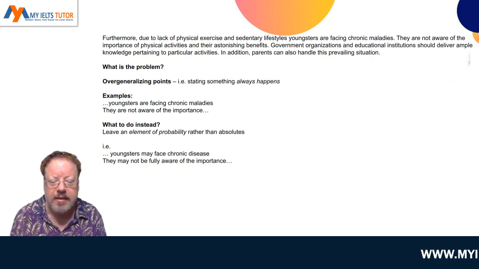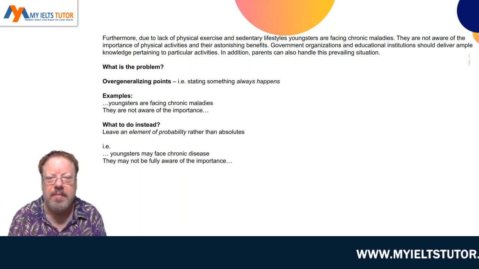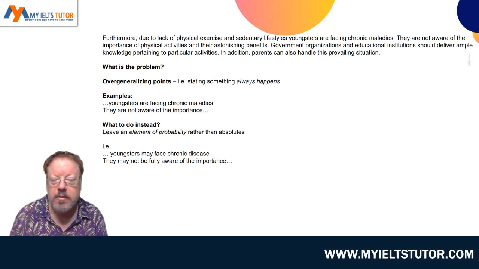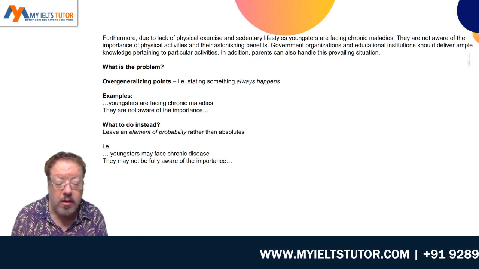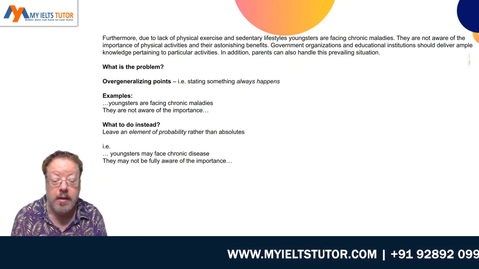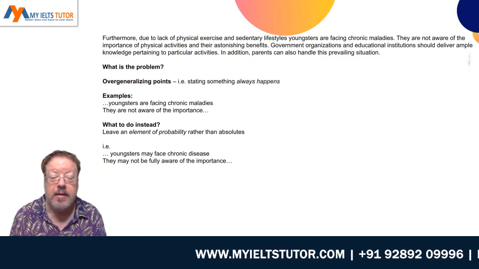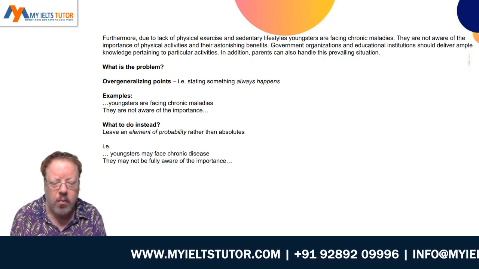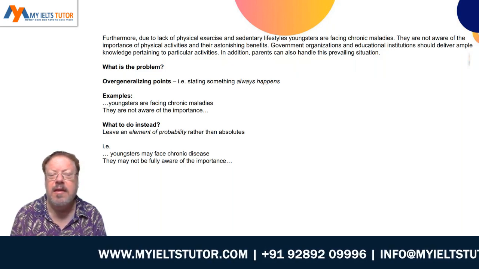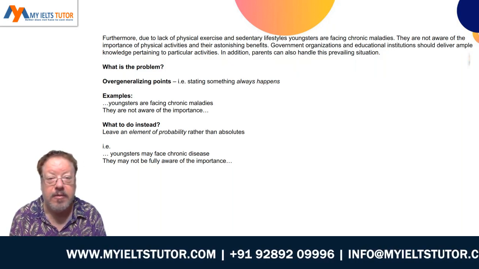And what I mean by this is that things are always happening. They're the extreme of something. So in our body paragraph, we have here, youngsters are facing chronic maladies, are facing. So it means they're always facing that. And then they are not aware of the importance. So this is another absolute.